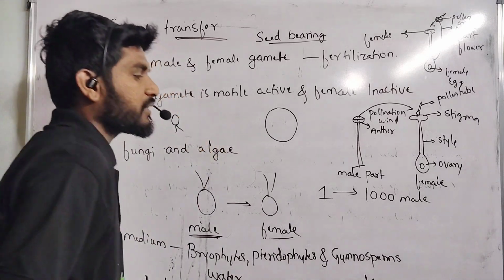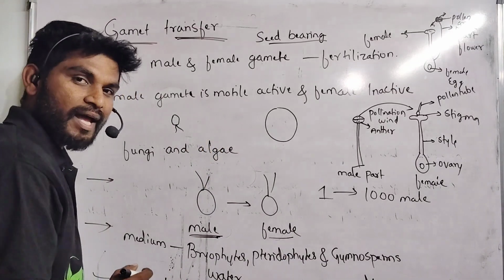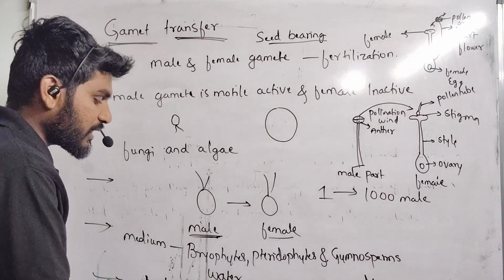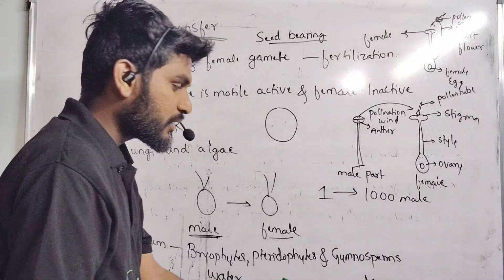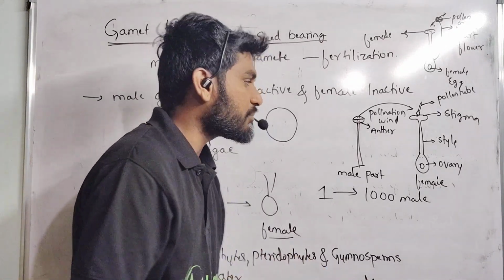Such plants are known as dioecious plants. In the dioecious case, what happens? Male and female sex organs form on different flowers of different plants.